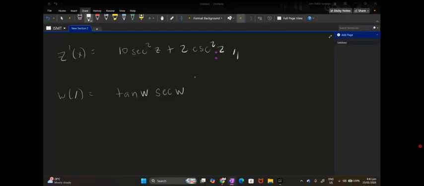So, in this, the product rule or the UDV plus VDU. Tangent W natin is U, ang secant W natin is V.